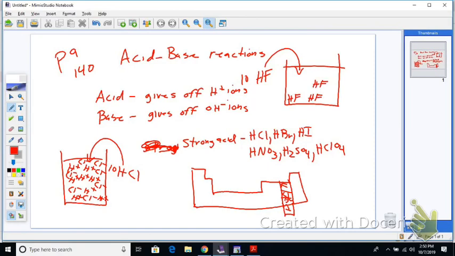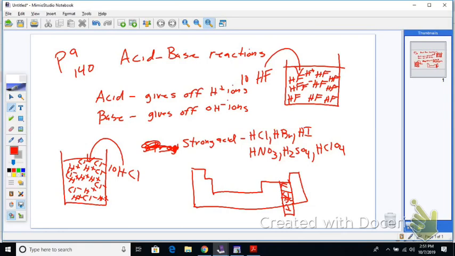It's kind of like a precipitate, but not having a precipitate. They all stay together, except for maybe one that would break apart. Does that make sense? Which one conducted really well? Strong acid. Which one was weak? Something like HF.